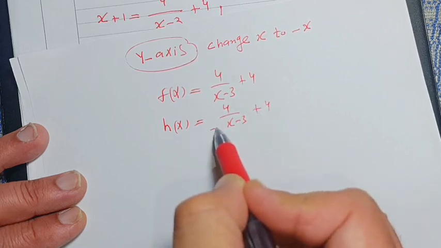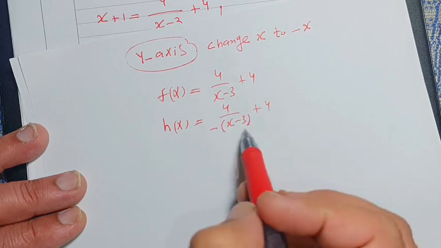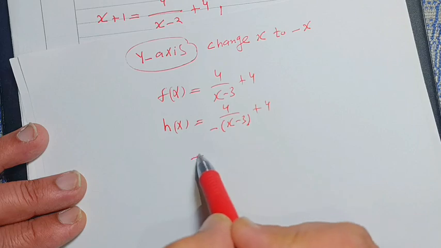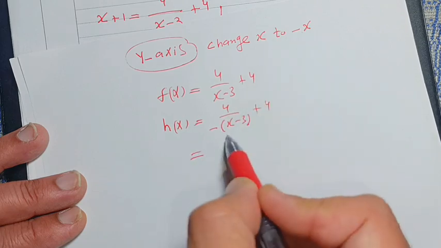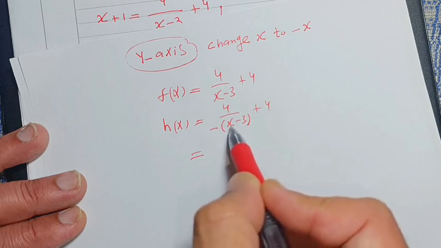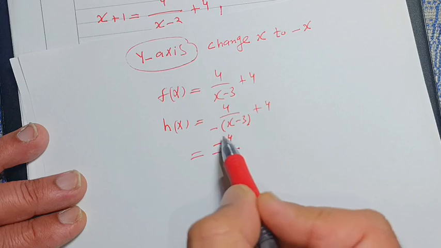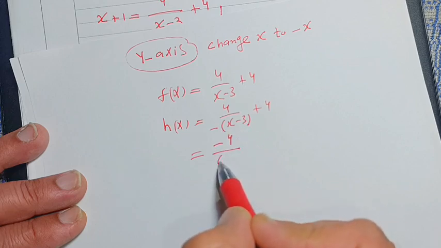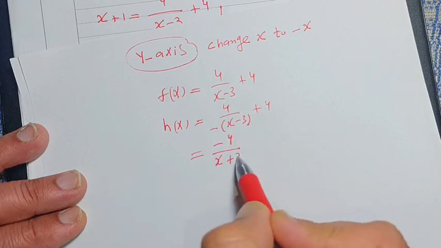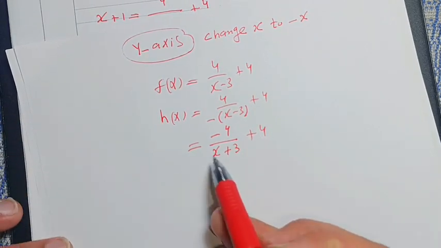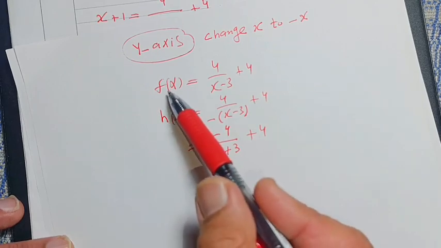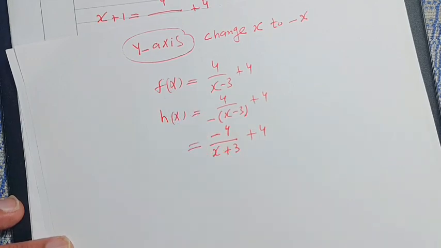The negative applies to the x inside, so negative x minus 3 becomes x plus 3. That's how you form h of x from f of x.